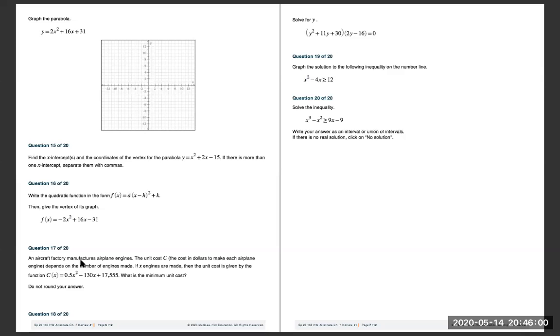An aircraft factory manufactures airplane engines. The unit cost C, the cost in dollars to make each airplane engine, depends on the number of engines made. If X engines are made, then the unit cost is given by the function here.